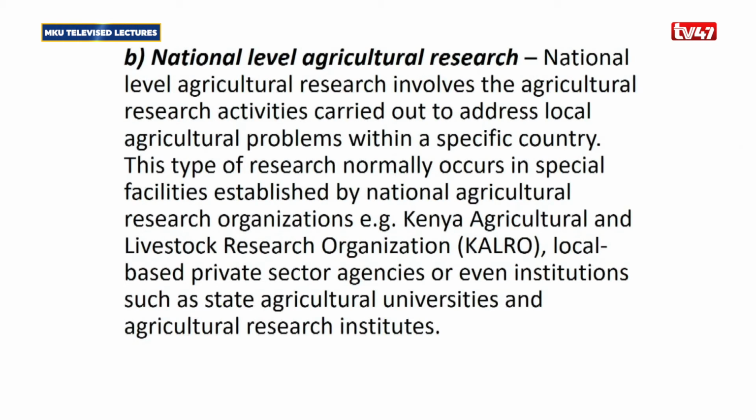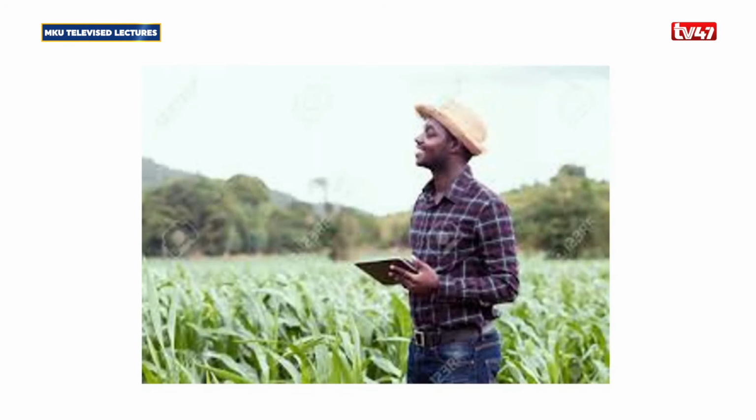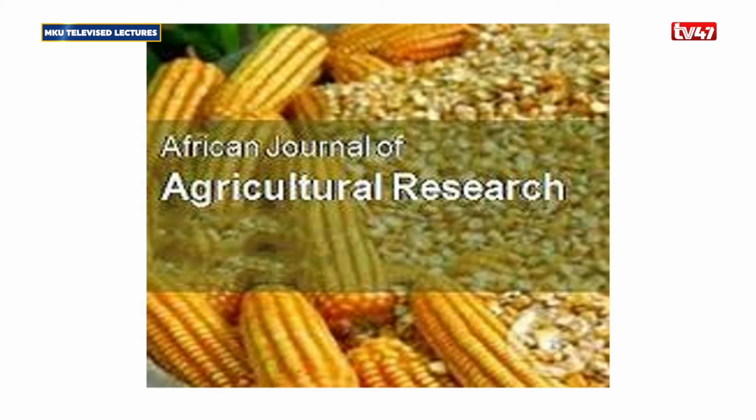Now, agricultural research can be done either in a lab, like we were able to see, or in the field, like this one, where data can be collected in the field. The product of such research is that the researchers record their findings in journals, like this one, the African Journal of Agricultural Research.